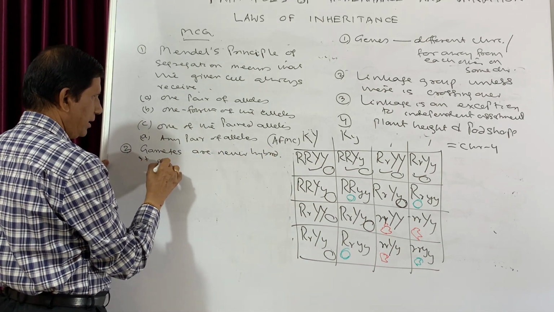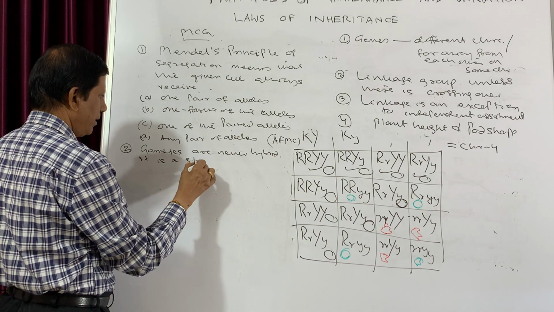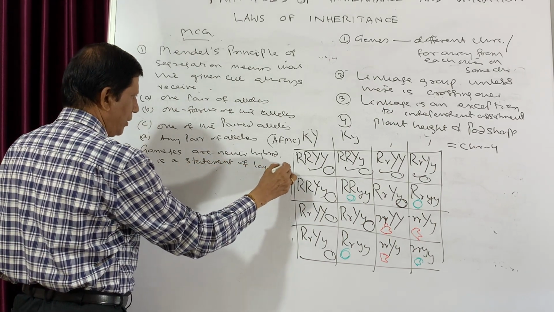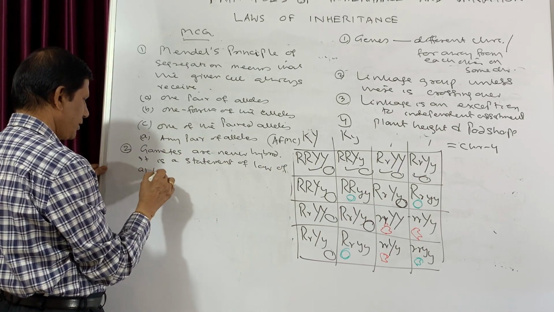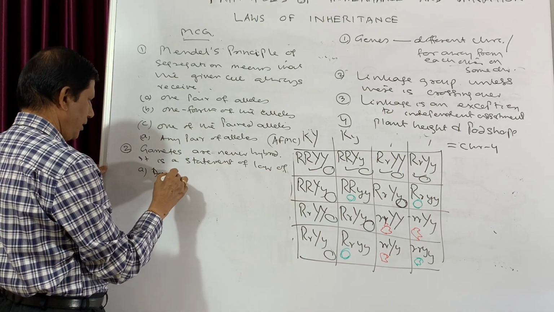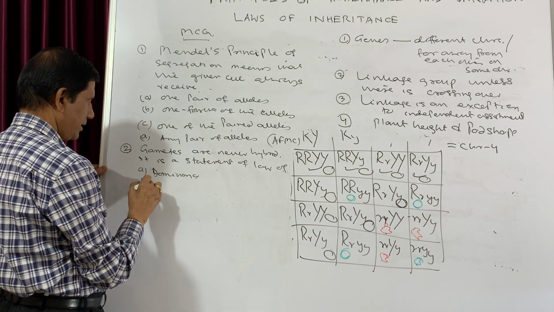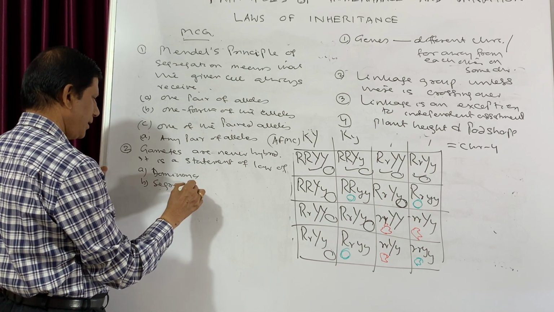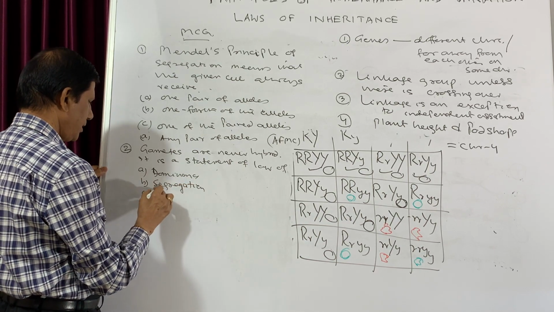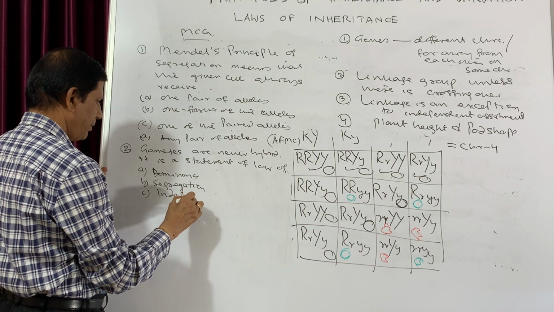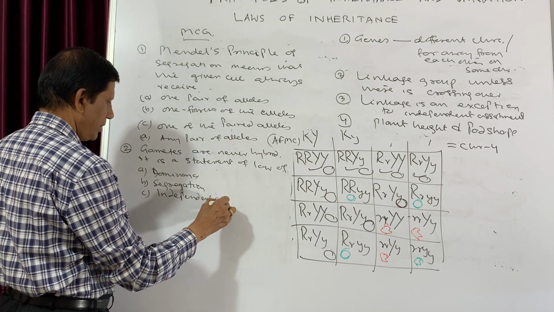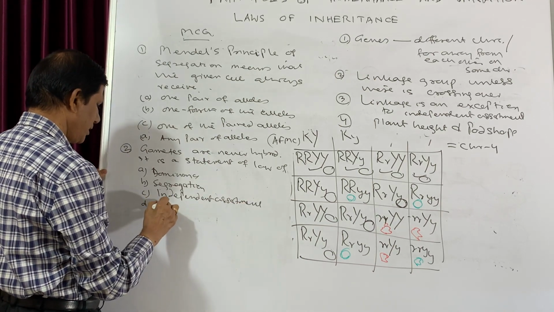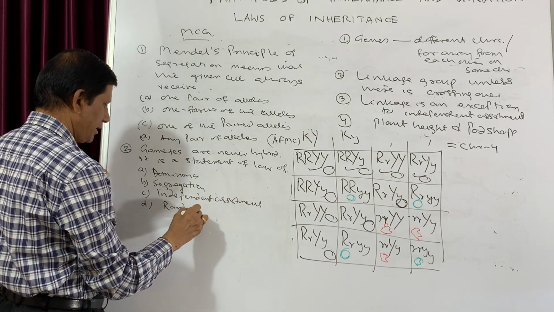It is a statement of, first choice, law of dominance; second choice, law of segregation; third choice, law of independent assortment; and fourth choice, random fertilization.